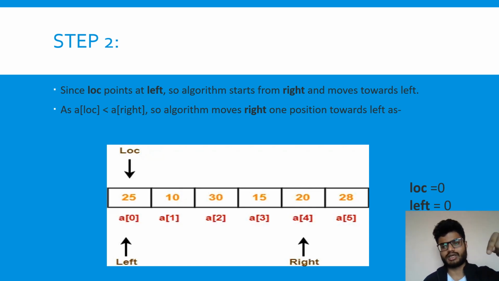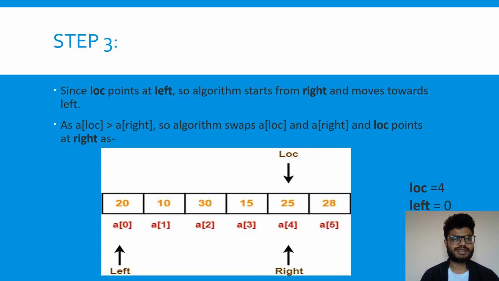If it is pointing at left, we take right, and if it is pointing at right, we take left. We can see that A of location is 25, and A of right is 28. Here 28 is greater than 25, so A of right is greater, and the algorithm moves to the right-hand side, moving the right pointer leftward.